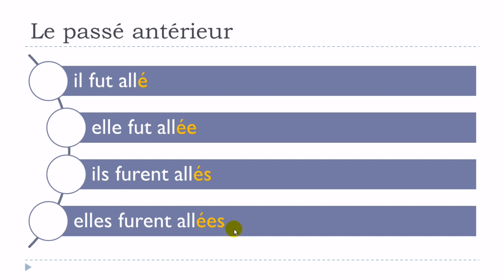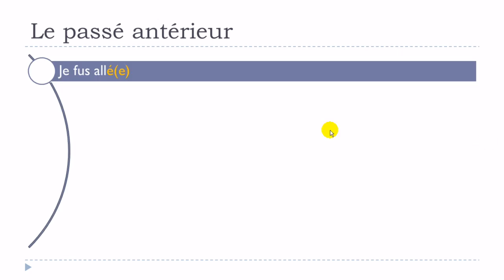Okay, keep in mind that, well, it's actually quite easy because phonetically they are the same, all right, but then you should add this final e for the feminine, final s for the plural, and final es for the feminine plural. And it goes like that: il fut allé, elle fut allée, ils furent allés, elles furent allées. Okay, so let's see now all the forms.